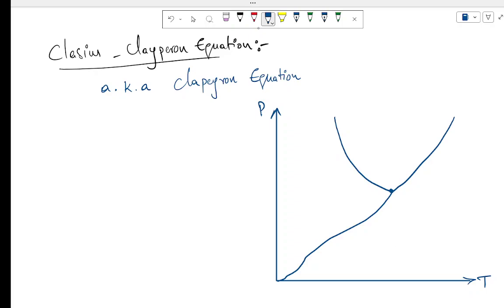Yeah, so this is how it will be like, and this point you generally call a triple point.